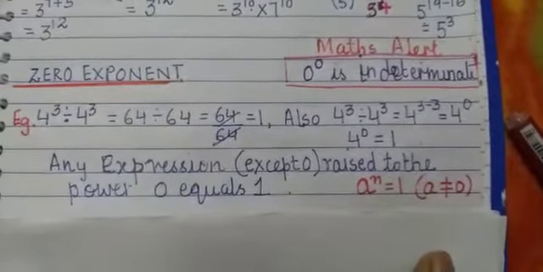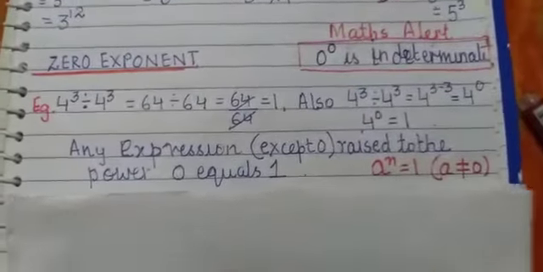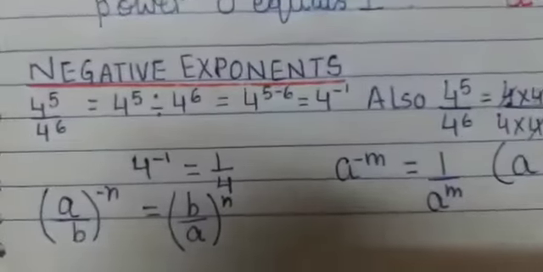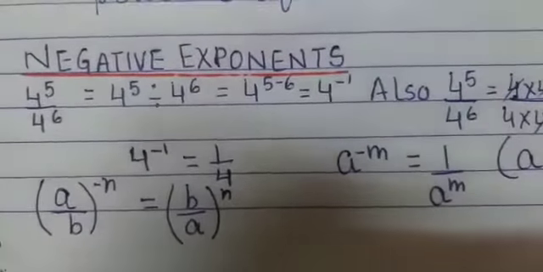Right. Now we come to negative exponent. What is a negative exponent? Just see, I'll take an example of a negative exponent. 4 to the power 5 upon 4 to the power 6. What does it mean? It means 4 to the power 5 divided by 4 to the power 6.